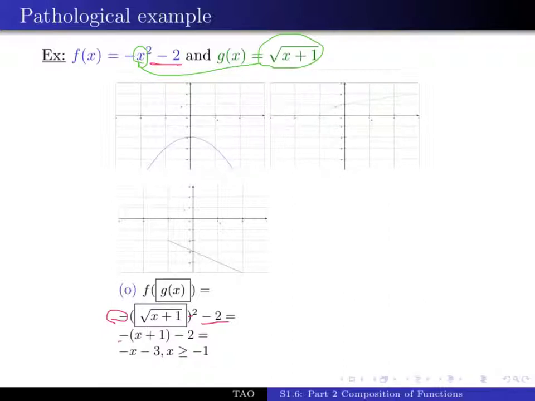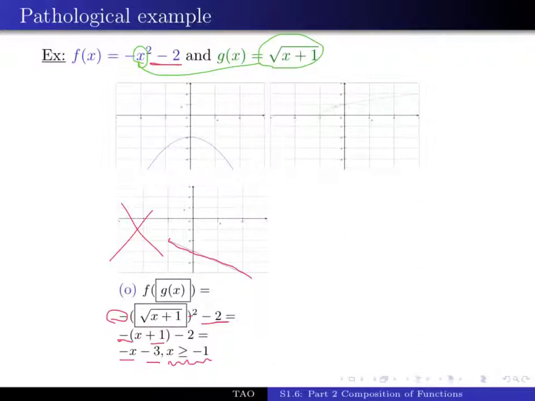We distribute our negative in, so we get a negative x, a -1, and -1 minus 2 is a -3. But since our input only existed for x greater than or equal to -1, our output also only exists for x greater than or equal to -1. We don't have anything happening to the left of that because we built it with something that doesn't exist over there.